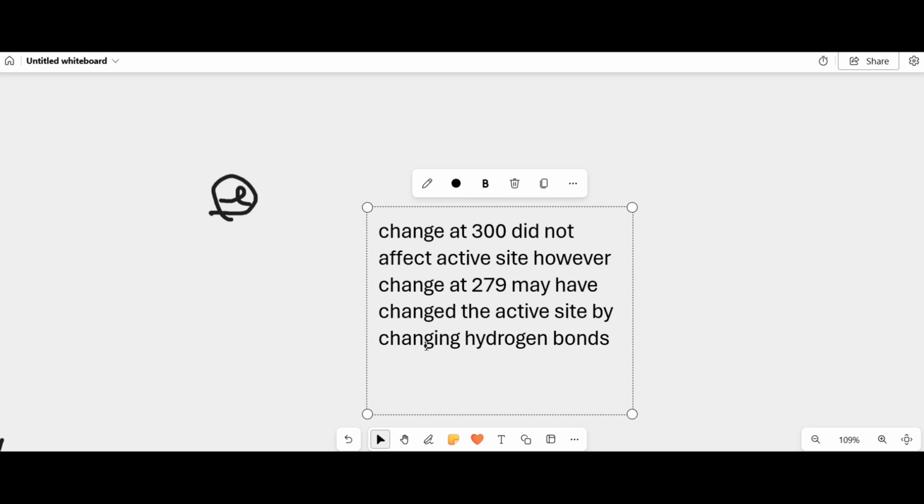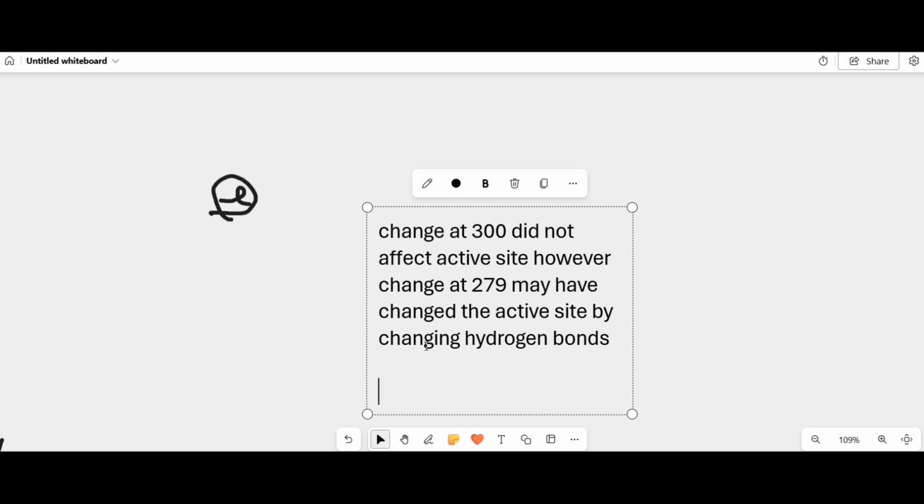GLU is negatively charged, and LYS is positively charged.